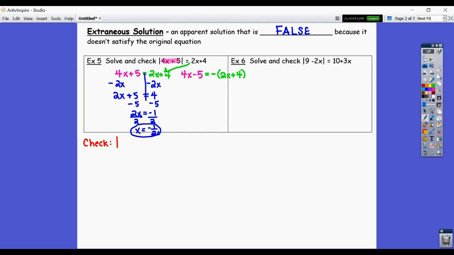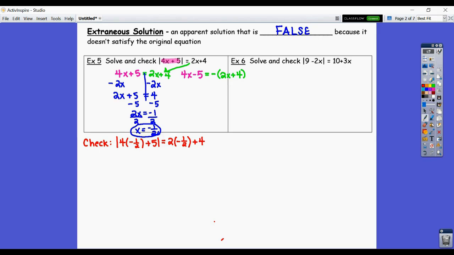We plug it in. Instead of x, I have 4 times -1/2 plus 5 in my absolute value, and it will equal 2 times -1/2 plus 4. I'm replacing every time I have x in my original equation with -1/2, my solution.